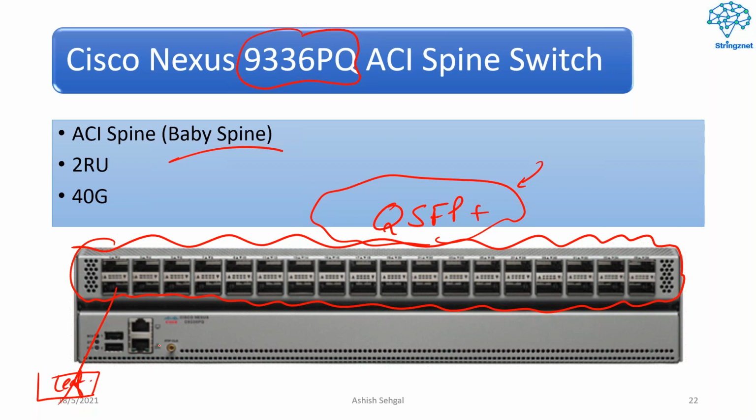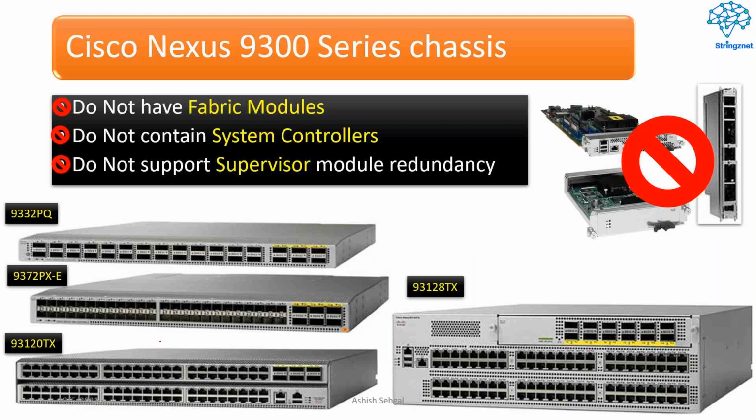Okay. In short, Nexus 9300 series switches are fixed line card based switches to be deployed as leaf switches. They do not have the fabric modules. They are not 100% modular. They sometimes have modules, otherwise they are fixed module switches. They do not need a system controller, and they of course do not have supervisor engines.